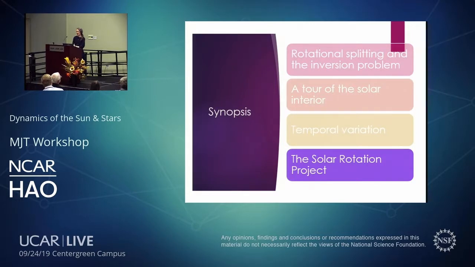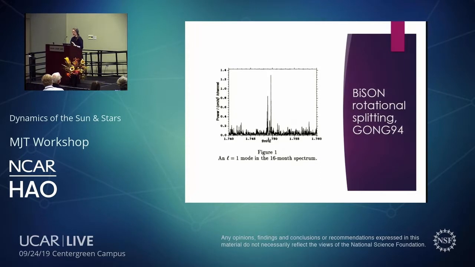So finally, I wanted to say something about the solar rotation project, which was Michael's initiation. To go back to where we started, here's a plot showing the rotational splitting from 16 months of BiSON data.